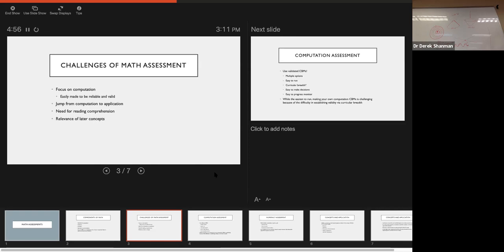I don't want to put a number on it, but the vast majority of math assessments that you see or give, in any math class, at any grade, at any level, is going to have some sort of significant focus on, here are these 10 problems, answer them. Not word problems, but just like solve these equations, right?